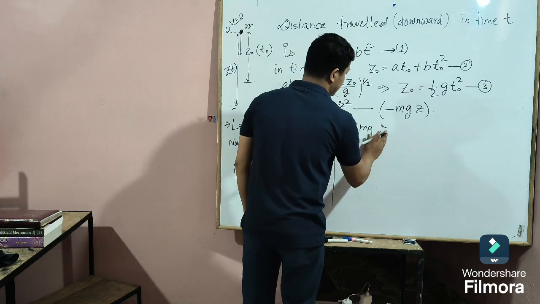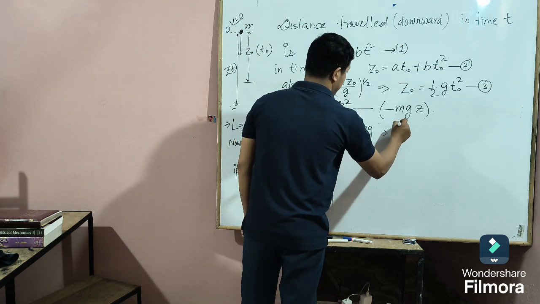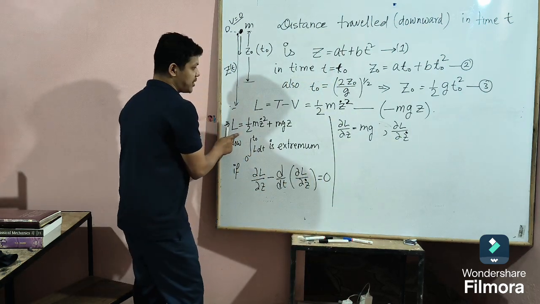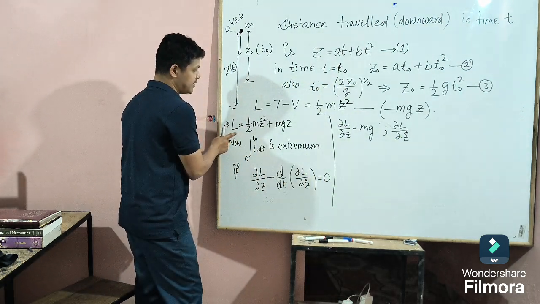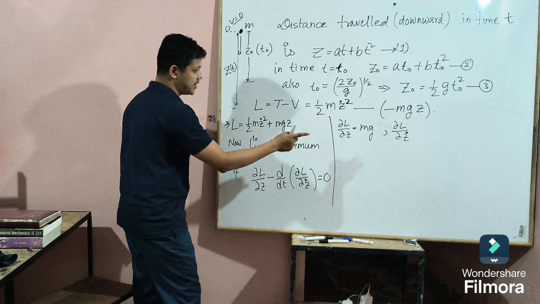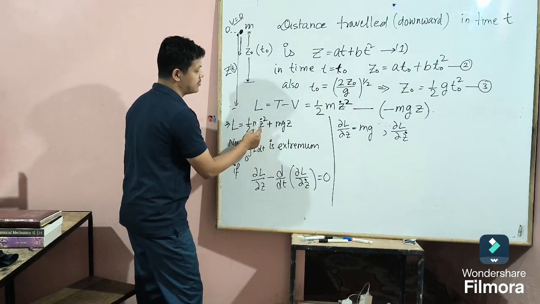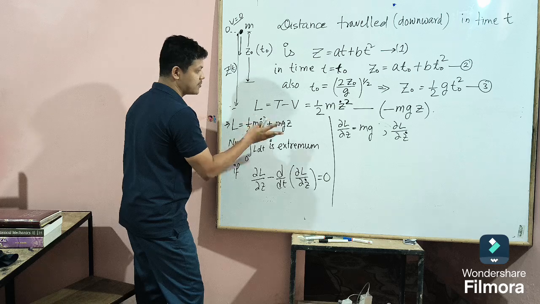And next let's find ∂L/∂ż. If you differentiate this partially with respect to ż, then you should consider z as constant, and the variable will be ż because it is a partial derivative.